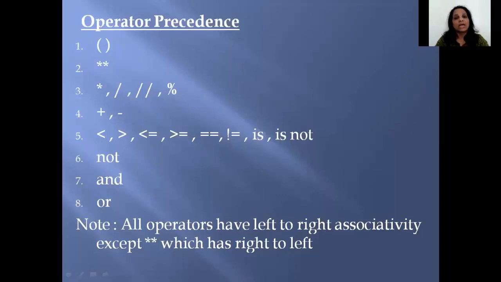Anything that is written in brackets always has the highest priority, and we follow that even in maths. The next priority is given to the exponent operator. The third one, multiplication, true division, floor division, and modulus, all have the same priority. Then which one you do first in an expression is the one that appears first in the expression.